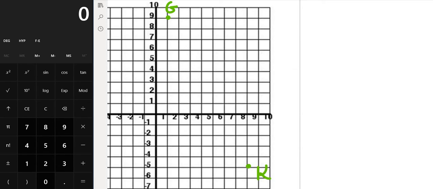I'm going to try my best to do this line. I don't think that was a great line, but I tried my best.